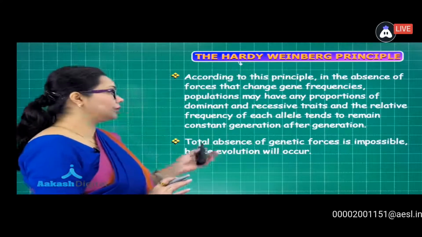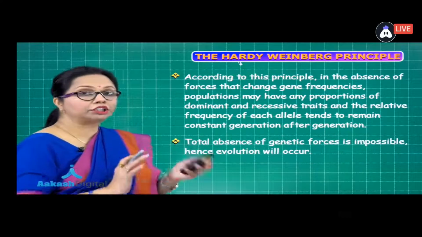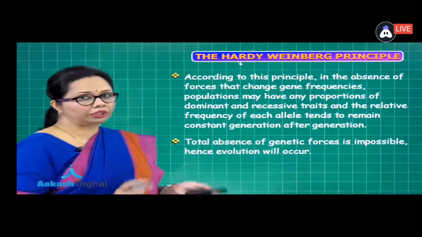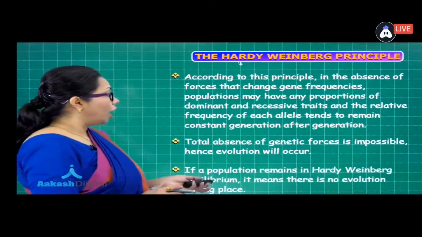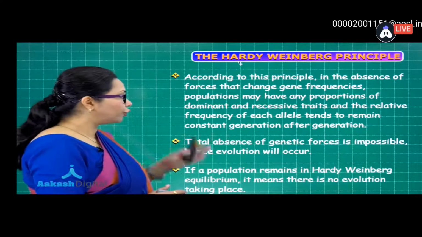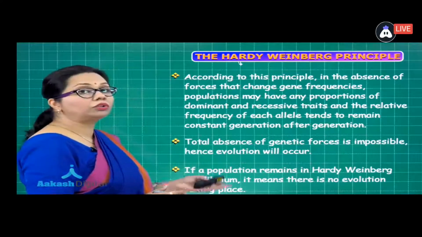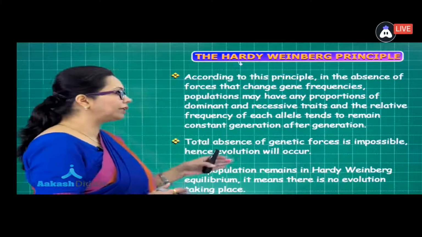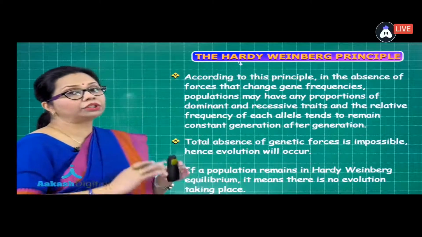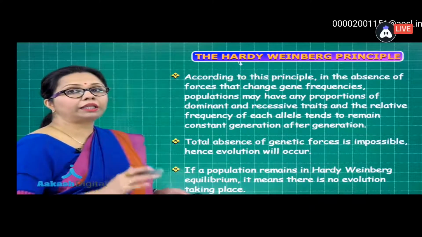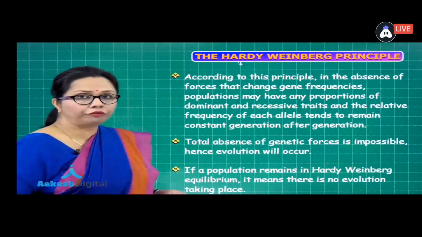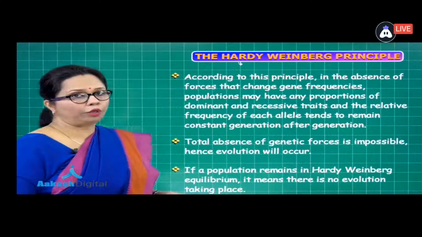And whenever this Hardy-Weinberg principle is disrupted, or the equilibrium is disrupted, that means evolution is taking place. And if these forces are not working, that means equilibrium remains established, and if it is established, that means there is no evolution. So in simple words, we can say that evolution is departure from Hardy-Weinberg equilibrium.